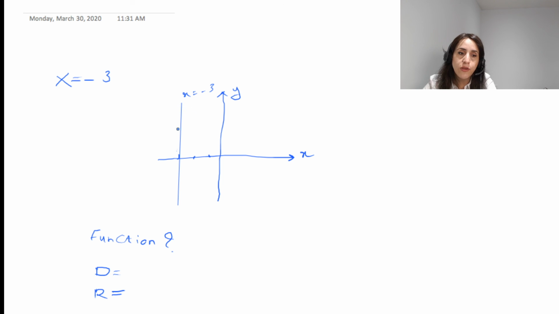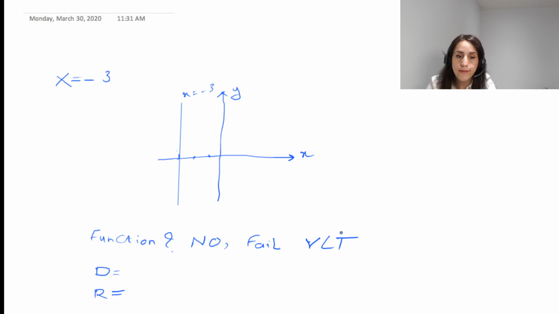Because if I put a vertical line exactly at x equal to negative 3, it is going to intersect all of the points. This one is not a function, because it fails the vertical line test.